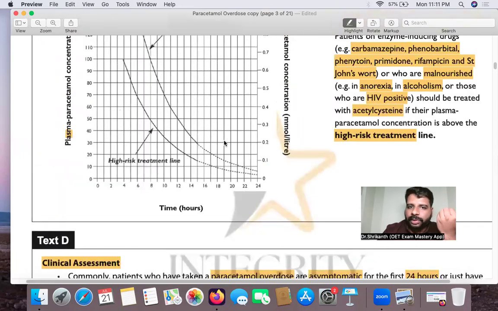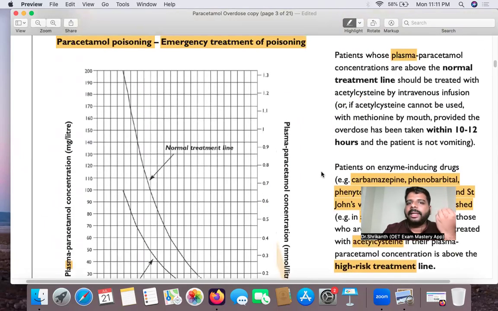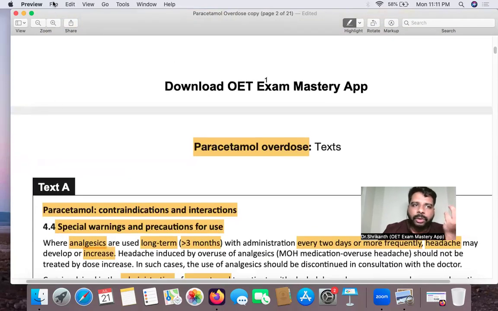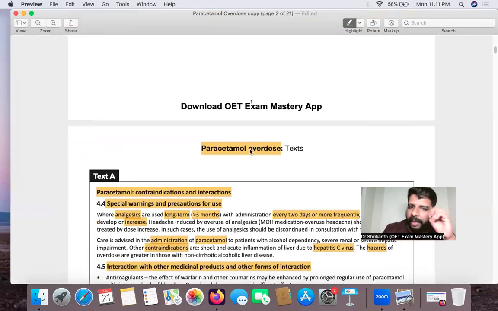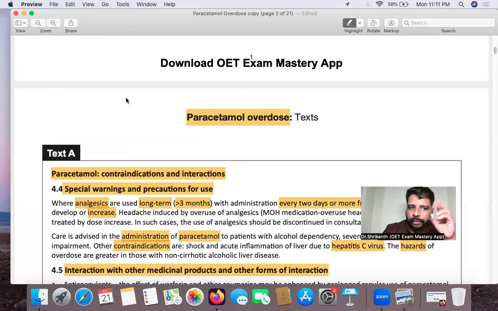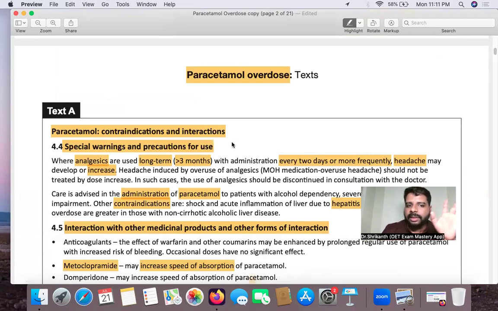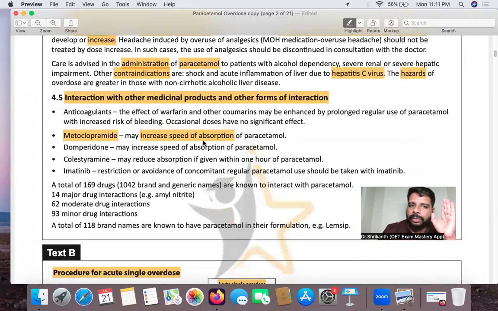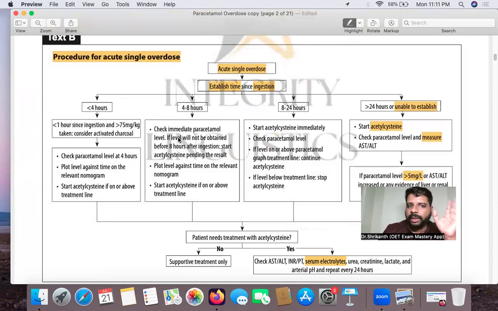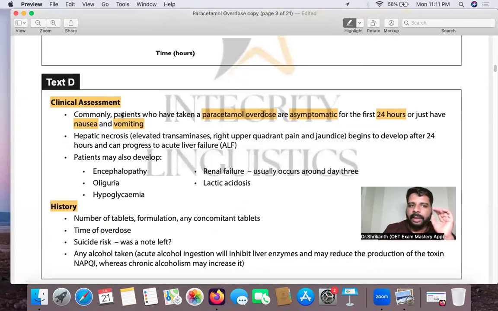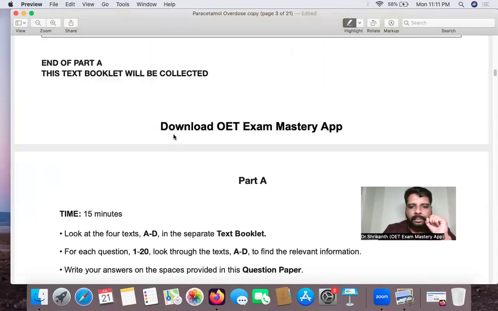So when you get your question paper, do not read A, B, C, and D. Only read the headings over here. See, main topic, paracetamol overdose, that you read. Then read the headings: paracetamol, contraindications, interaction. Like this, you read the titles or the headings over here. Understand procedure for acute single overdose, emergency treatment, clinical assessment, history, right?